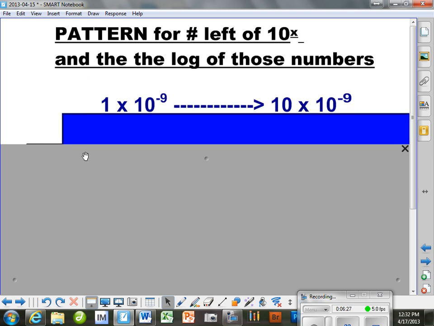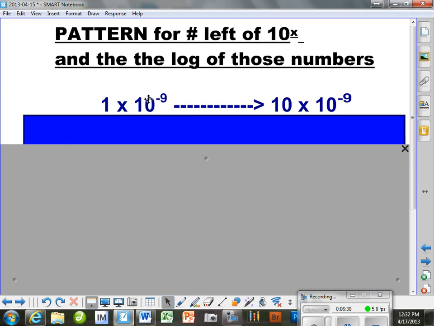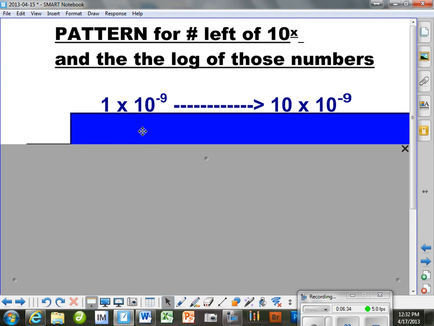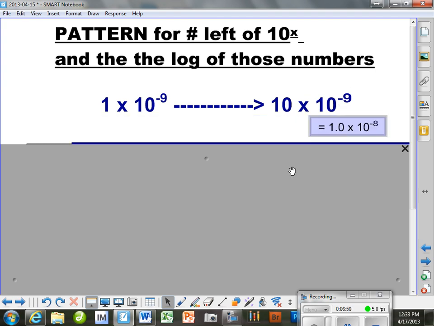So basically I'm going to take you from 1 times 10 to the minus 9 up to 10 times 10 to the minus 9. And what's that number actually going to be, Tony? 1 times 10 to the minus 8. Yes, this number is going to change to 1 times 10 to the minus 8.